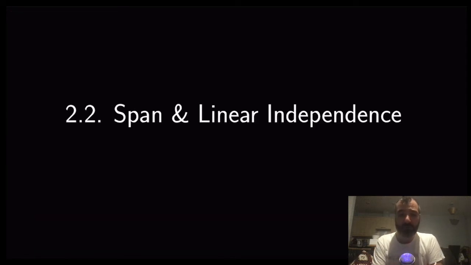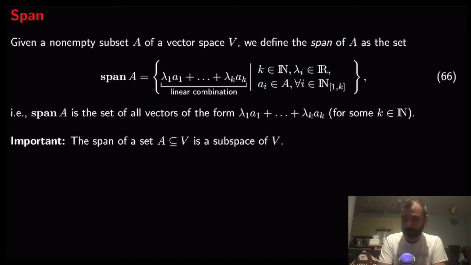Now I want to give you another couple of definitions. One is span, and the other is the definition of linear independence. You might have heard of both of these things. So first of all, what is a span? I'm giving you a set A, big A, and this set is inside the vector space.